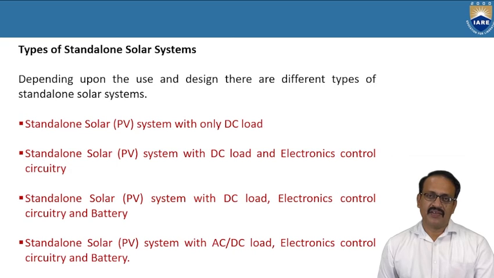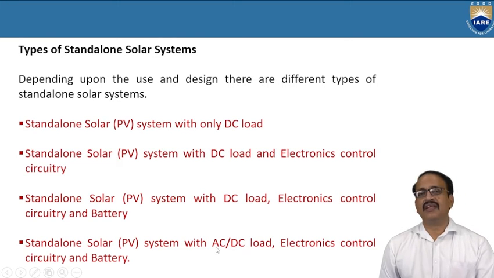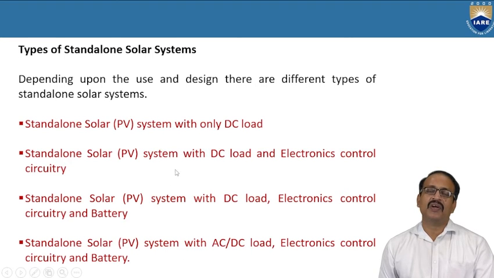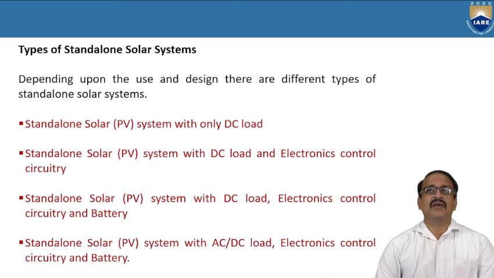And most of our equipment is designed to work under AC power. So this is the lagging thing here: we cannot meet the majority of the AC load demand. If you want to meet this AC load demand, we have to use an inverter.